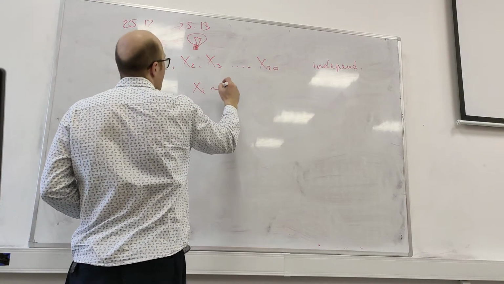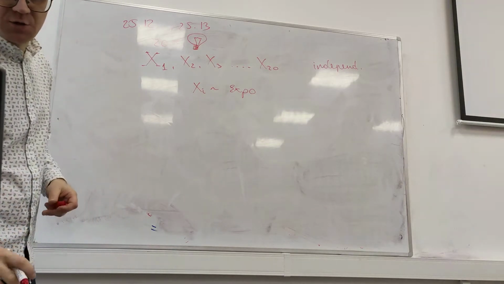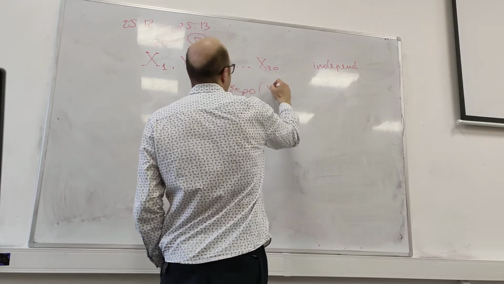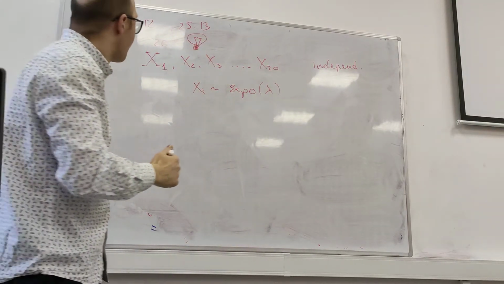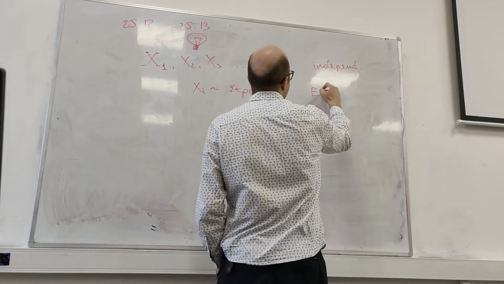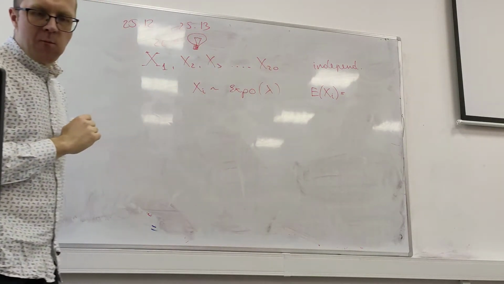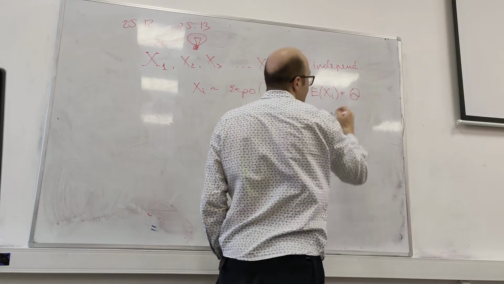It's also given that the time x has an exponential distribution with unknown parameter lambda, and we know that the expected value of each lifetime is theta.